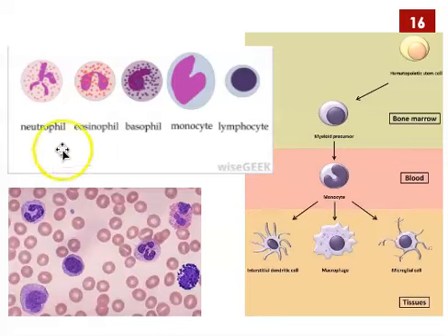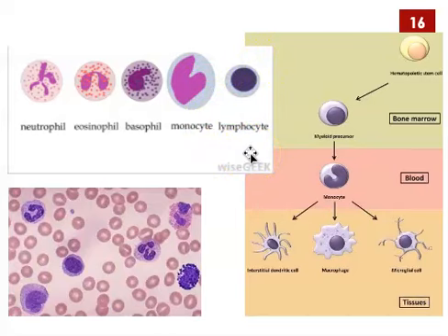If you look up here on the upper left, this is just a drawing of the different kinds of white blood cells that you have. There are neutrophils, eosinophils, basophils, cells called monocytes, and cells called lymphocytes. You have multiple types of white blood cells.